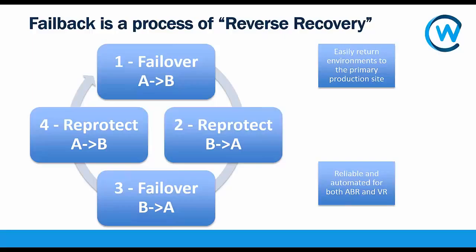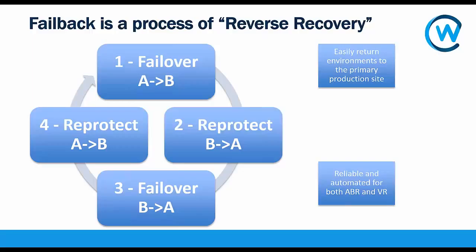So we've gone through steps 1, 2, 3, and 4 effectively. We're going from A to B, we're failing over, we've had a DR event, we're now using the original production site to reprotect our now production site, which is site B. We want to make use of our newer hardware, so we're going to fail back and then reprotect again. So it's just that process that you can go through. It's fully automated.